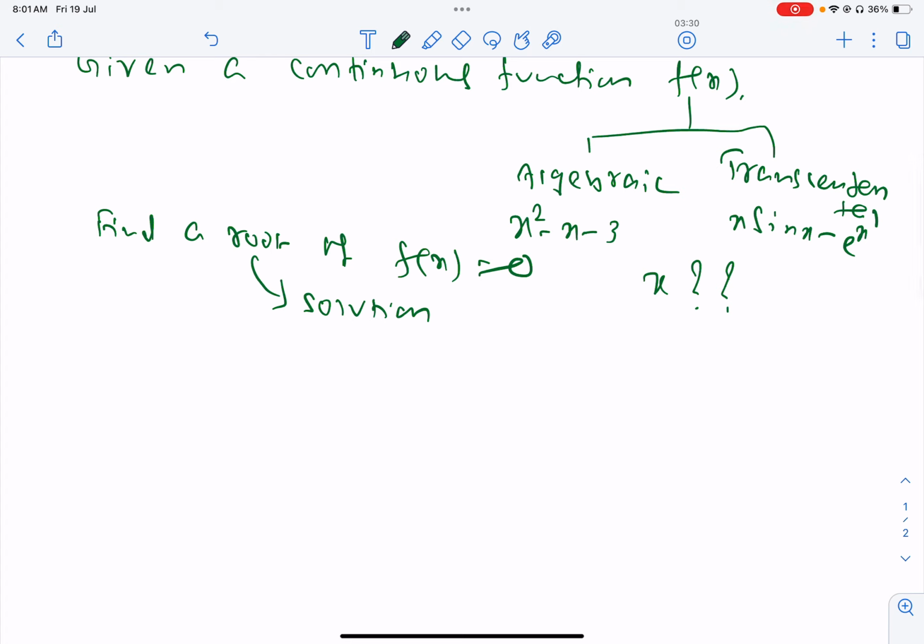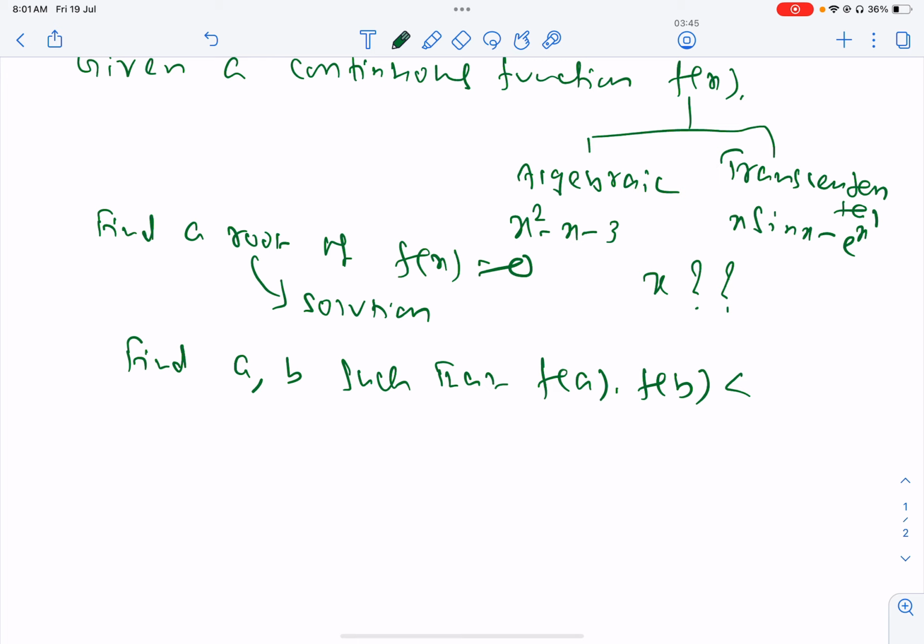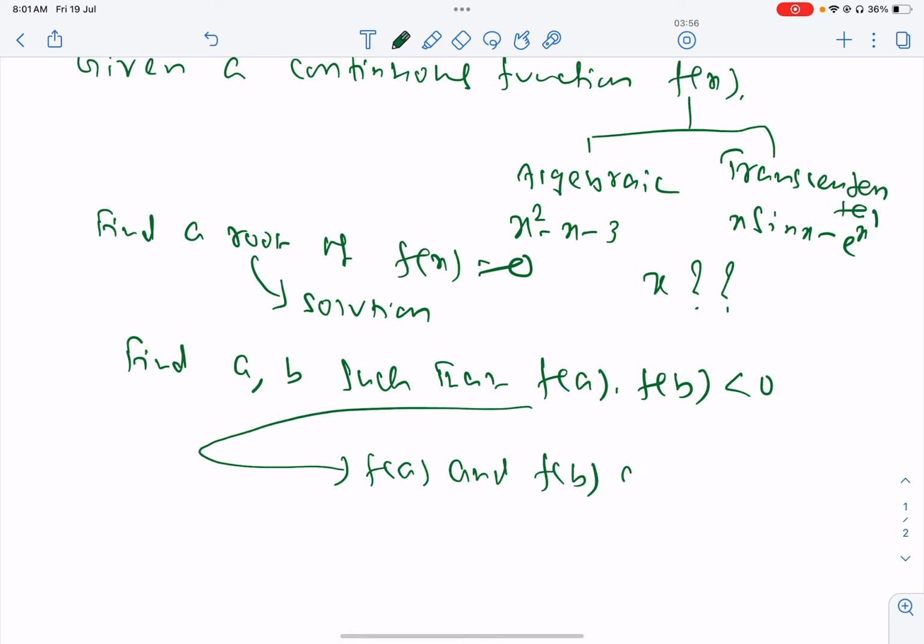So the first step is like this: find a, b such that f(a) multiply f(b) is negative. That means f(a) and f(b) are of opposite sign.